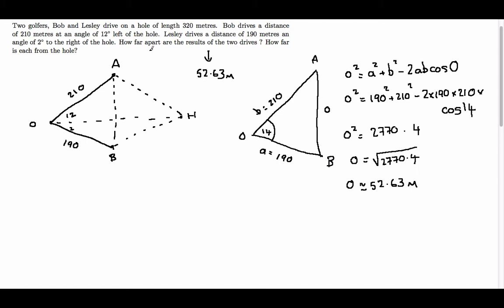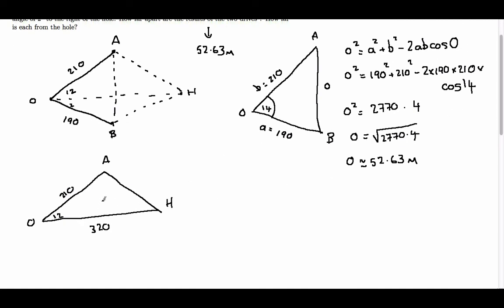So moving on to find the distance each shot is away from the hole. To see how far Bob is away, we're just going to consider the triangle OAH. So drawing that out, O, A, and H. We see that the angle O this time is 12, OA is 210, and OH was the distance between the tee and the hole, which was 320 metres.